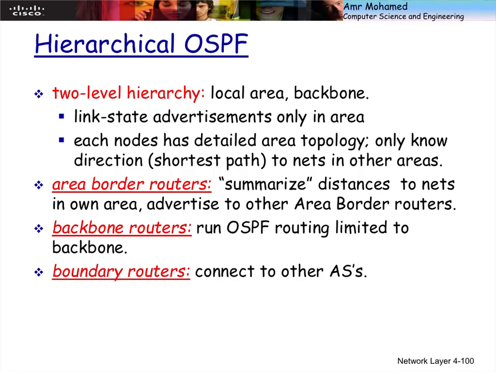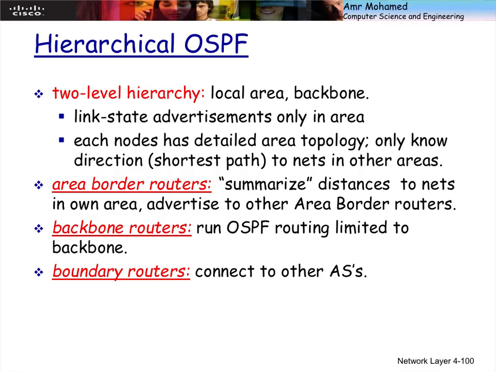Remember we talked about route aggregation or route summarization. So if I want to reach a particular autonomous system, I have only one entry in the routing table which summarizes all the IPs in that autonomous system, which will allow me to go to that autonomous system.